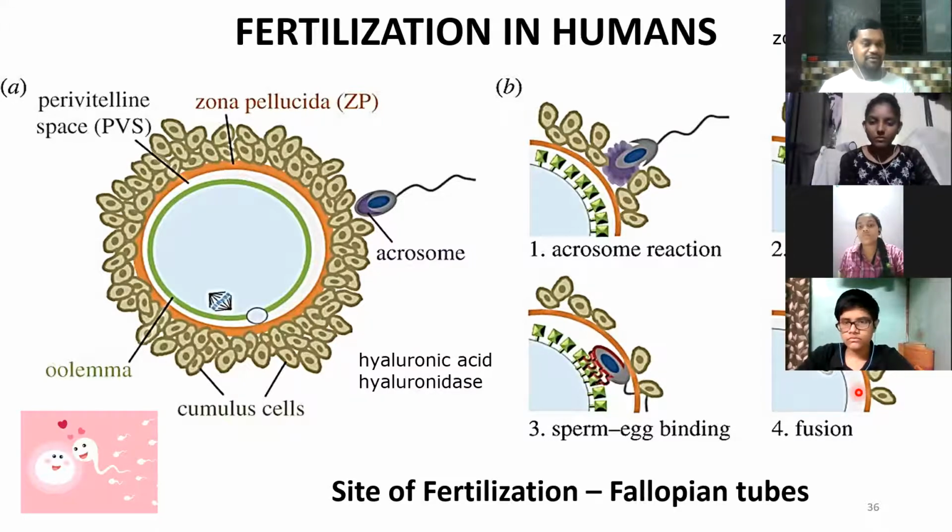So every person on the earth begins their life as this zygote. That is the first cell of a new life. And all these things are happening in the fallopian tubes.